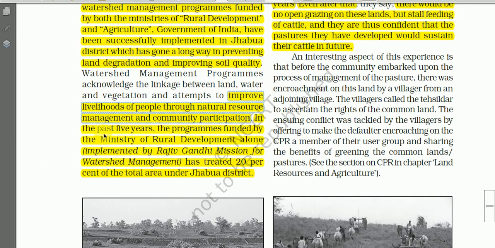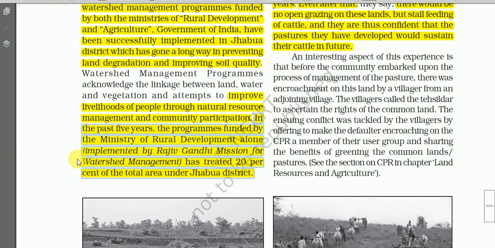And in the past 5 years, the program funded by the Ministry of Rural Development alone has treated 20% of the total area of Jhabua district to bring back the normal condition.